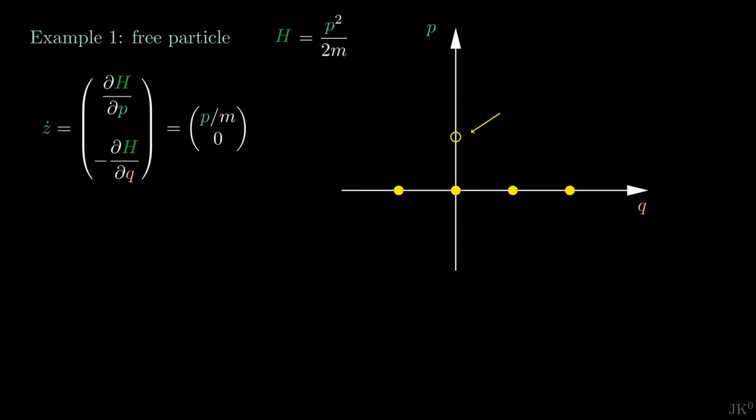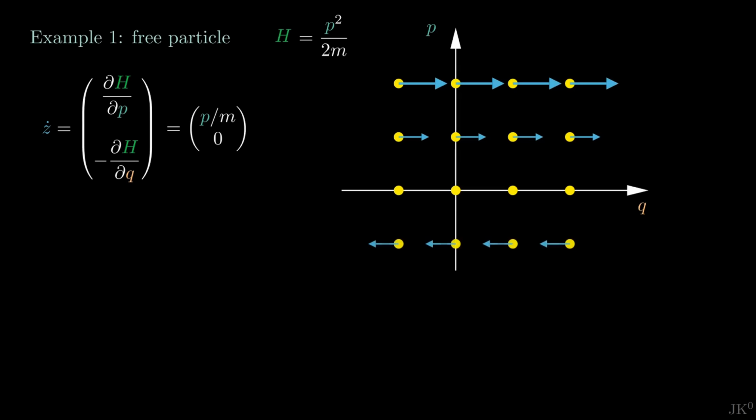Instead, consider the system with some momentum. Now the velocity, z dot, has a horizontal component, which is proportional to the momentum. This is how the phase space of a free particle in one dimension looks. Quite boring, but it reveals the idea of a flow in phase space.